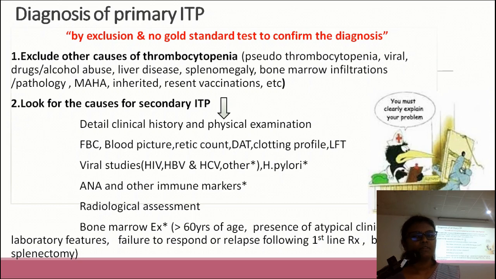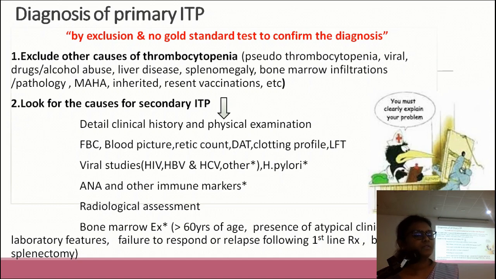Other causes are viral infections commonly seen, for example dengue infection, drugs, excess alcohol intake, liver disease, splenomegaly, and bone marrow infiltrations from hematological or non-hematological malignancies.